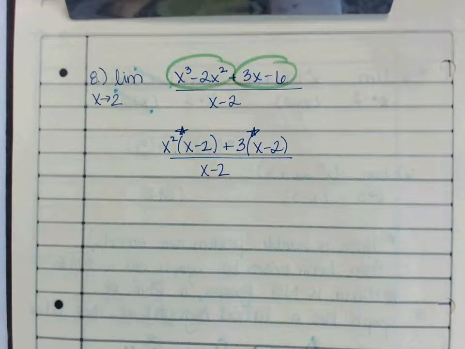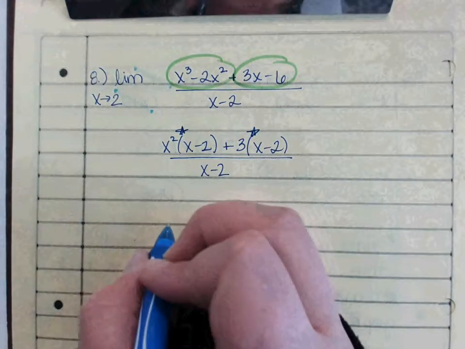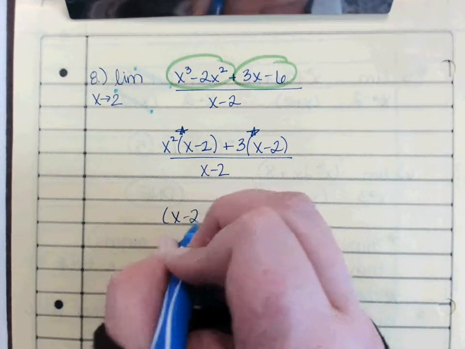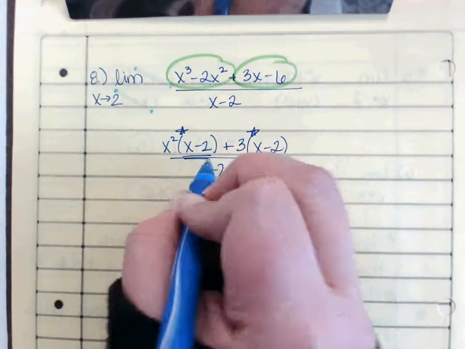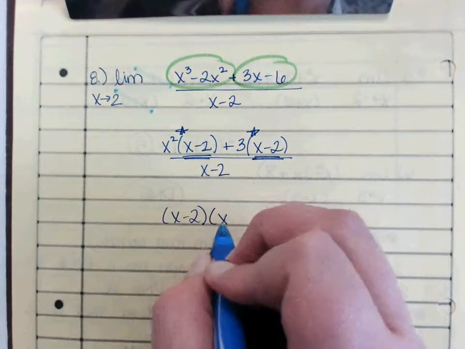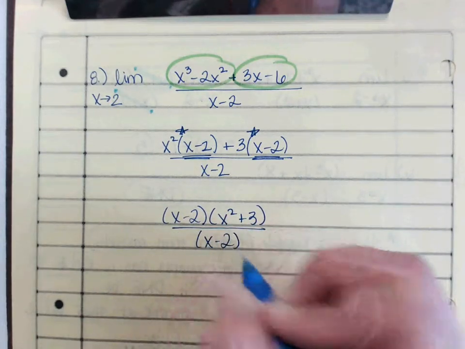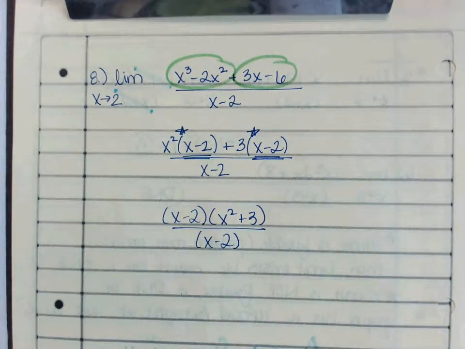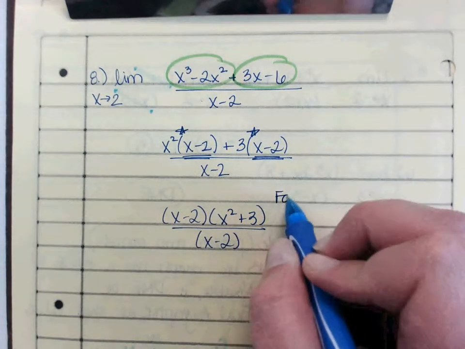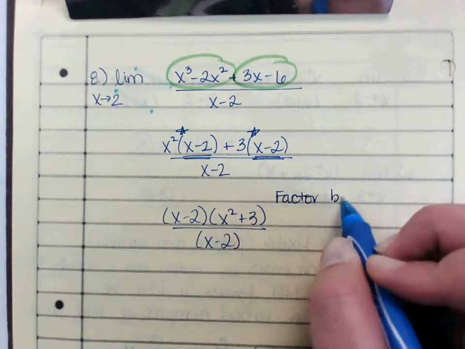They both have an x minus 2. So you're going to pull that to the outside, and x squared and plus 3 get to be partners. So that's factor by grouping. My x minus 2 is going to come to the front because they both had one, and then x squared plus 3 gets to be in its own parentheses. That is called factor by grouping. Okay?